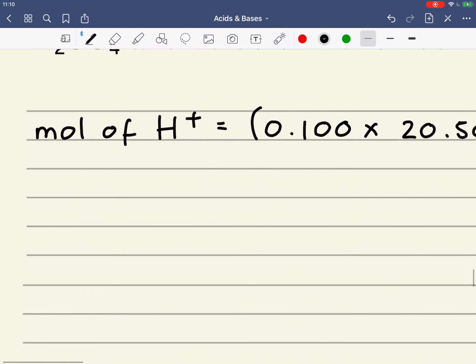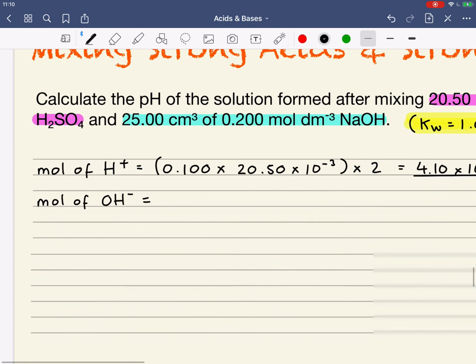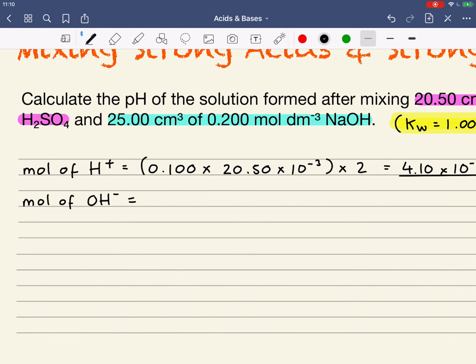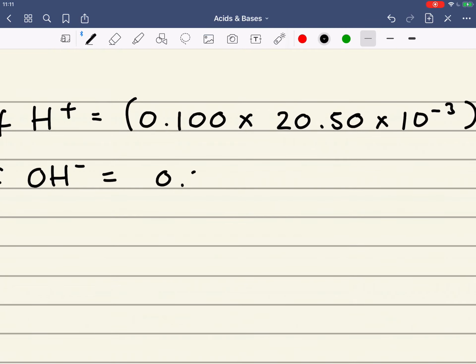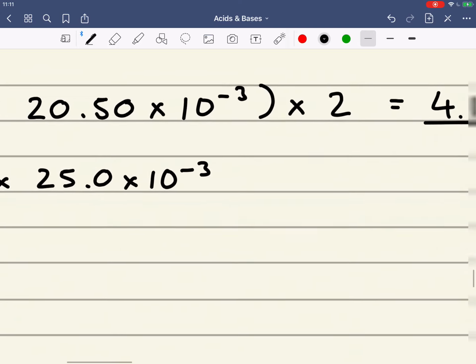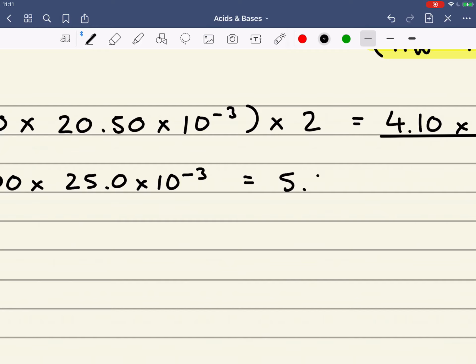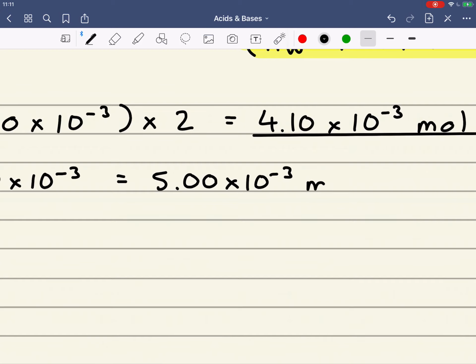You've now got to work out your moles of OH minus, which again is a strong monoprotic base. So the moles of NaOH will equal the moles of OH minus. So that's going to be 0.2 times 25 times 10 to the minus 3. And that gives me 5.00 times 10 to the minus 3 moles. And we can see now that I've got an excess of hydroxide ions.